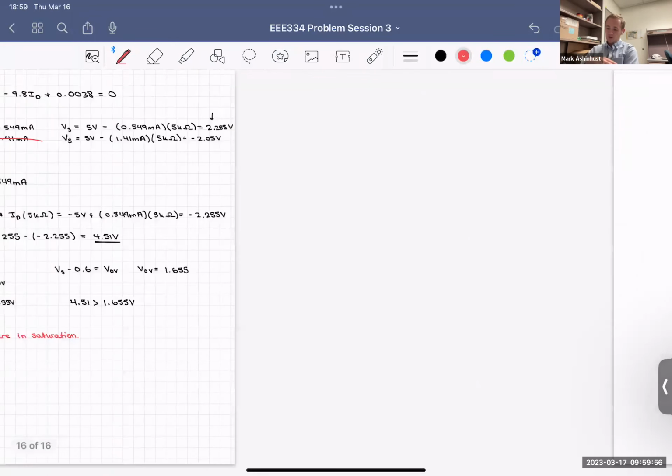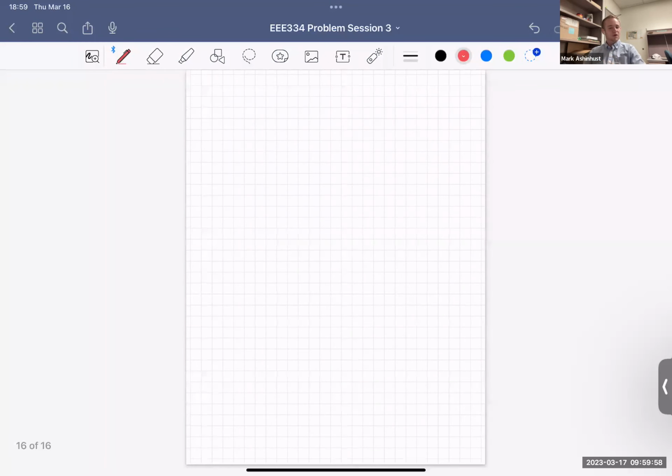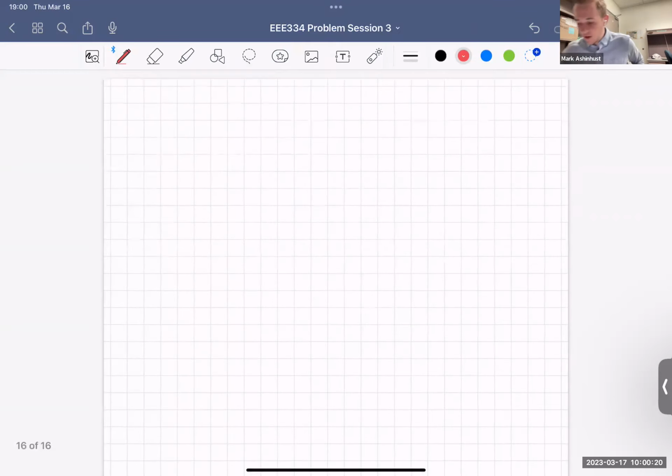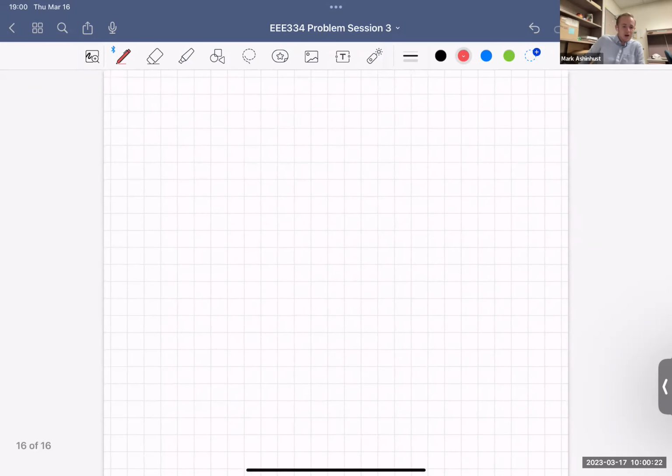So cool. We can move on to our last problem, which is going to be another solving one. The example I'm going to go over here is one that was already given to you. If you're in the course, you've already seen it. I'm going to do it a similar way, but flip the way it's gone.